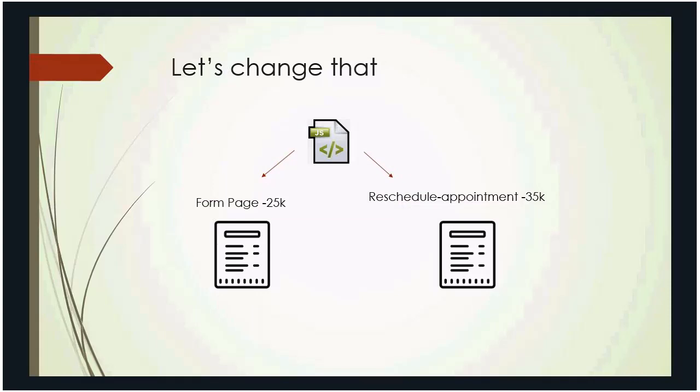So let's change that. The objective will be the reduction of the files delivered to the browser. Since they contain only one rendering, we will deliver just the necessary JavaScript to run that specific rendering instead of delivering a big bundle file. This will make a good reduction in the number of bytes sent to the client browser.